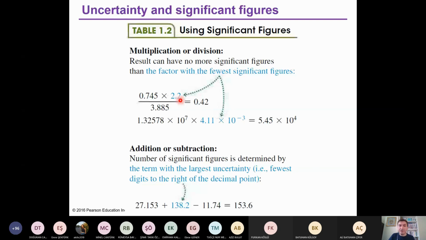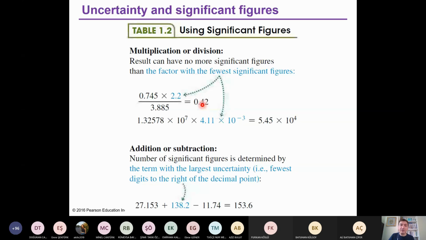So the result here, in terms of significant figures, must be like this. The result can have no more significant figures than the factor with the fewest significant figures. Here on the left side, this number has the fewest significant figures. Significant figures are 2. On the right side, the result can have only 2 significant figures. So here we have 1, 2 significant figures.